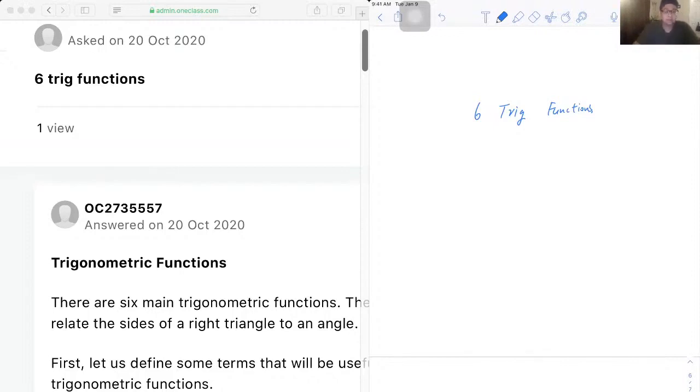And so first, let's just define some terms that will be useful to indicating this question. So we have a triangle right here, I mean a right triangle.